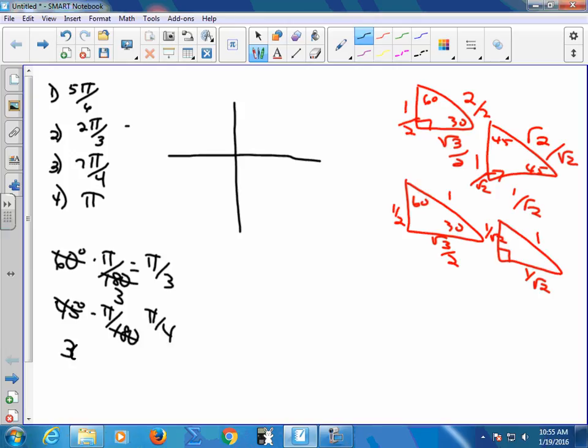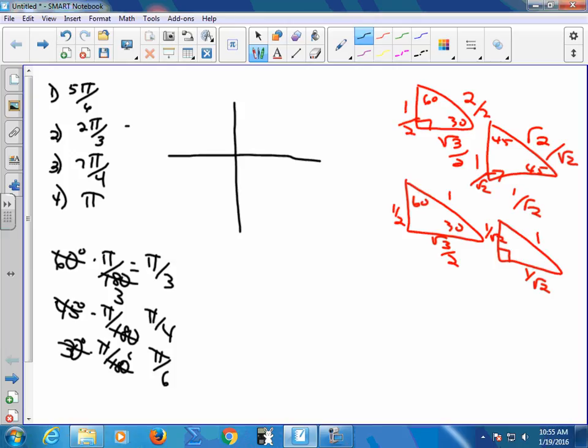If I do a 30-degree angle, I'm taking 30 into 180, 6 times. So we see a pattern here. We only have 3 special angles that we're using, 30, 60, and 45, and we divide them into 180. That becomes your bottom number.